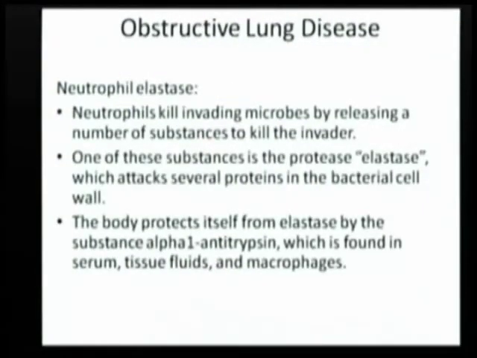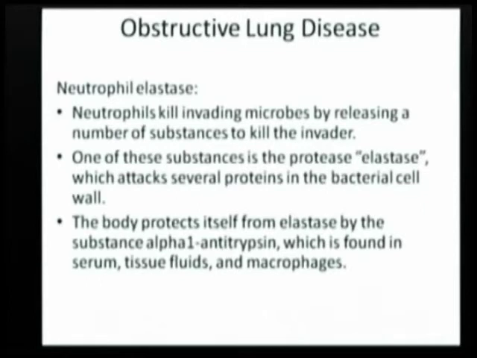So now we're going to talk a little bit about obstructive lung disease, COPD, bronchitis, emphysema. So the immune system sends neutrophils in to kill the invading microbes. And the neutrophils act, at least one of the ways that they act is by releasing substances that kill the invading bacteria.